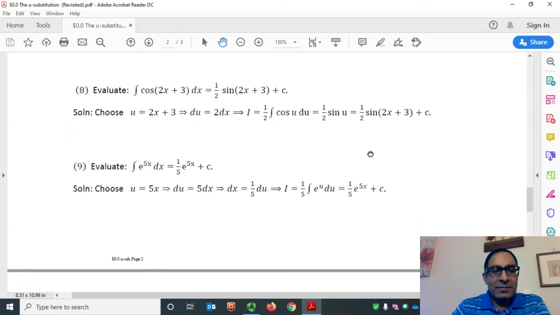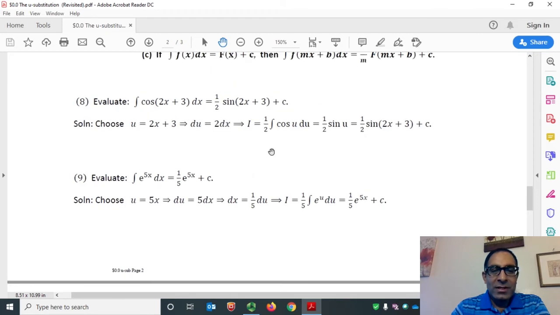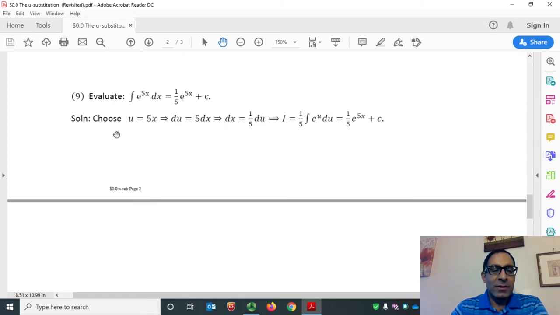Similarly, let's move on. Evaluate the integral of e to the 5x dx. Again, with this formula, it turns out to be 1/5 e to the 5x plus c. Now let's use our u-sub technique. Choose u equals 5x, then take the derivative of both sides, so du equals 5 times dx.